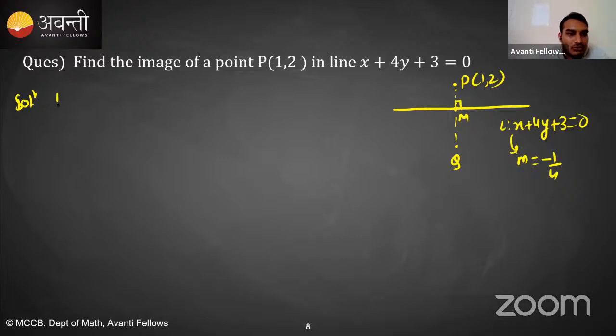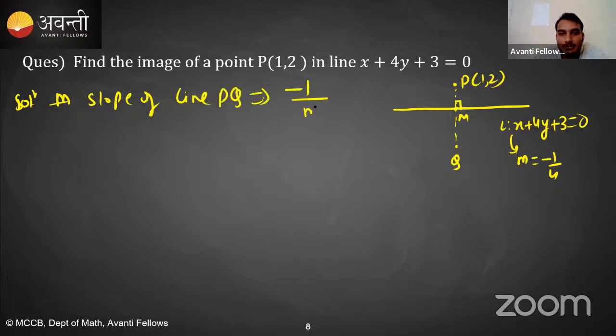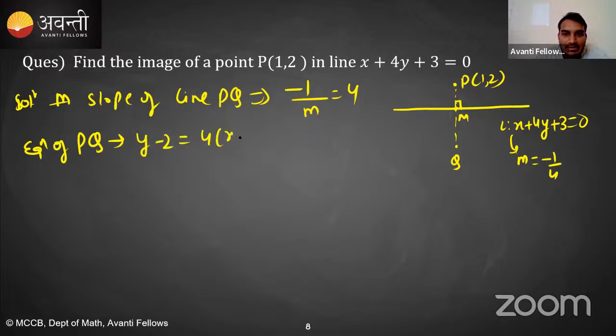Clear? So the slope of line PQ will be minus times 1 upon m, which is 4. So the equation of PQ: point is known, slope is known, y minus y1 is equal to slope times x minus x1.